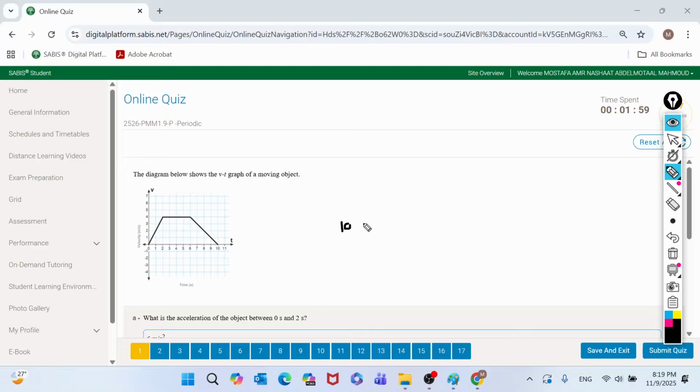Base 1 is 10, base 2 from 2 to 6 is 4, so 10 plus 4 over 2 times the height, which is 4. So it's 10 plus 4, 14 over 2, which is 7, times 4 equals 28. So 28.